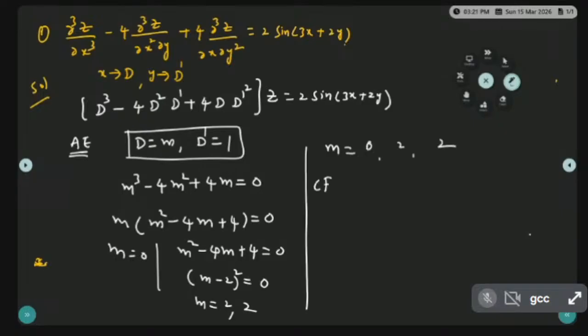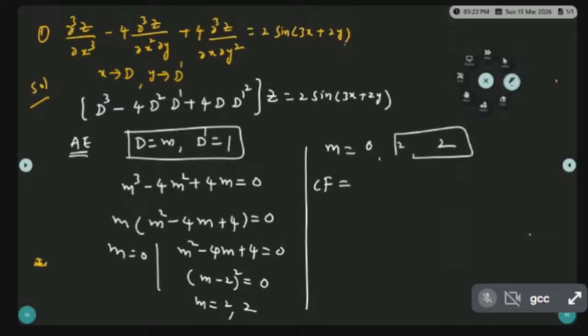What is CF? Tell me, speak louder. CF equal to F1 of y plus 0x, plus x into F2 of y.